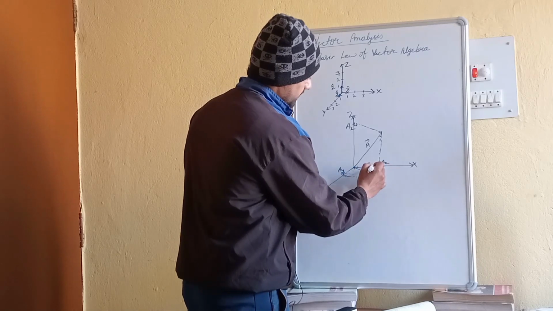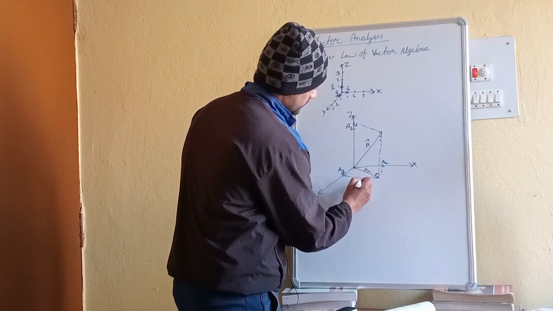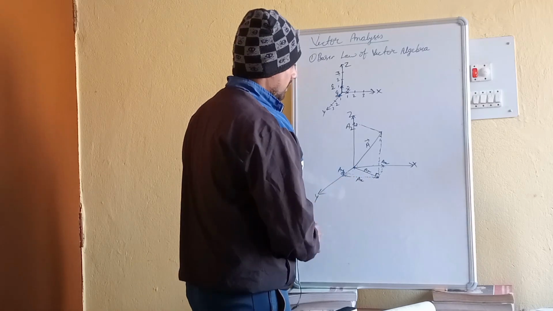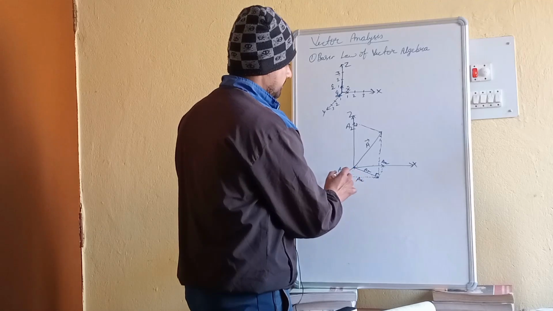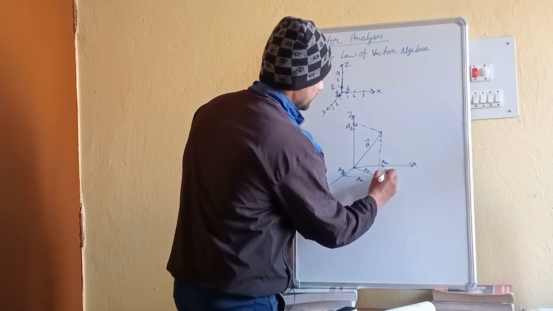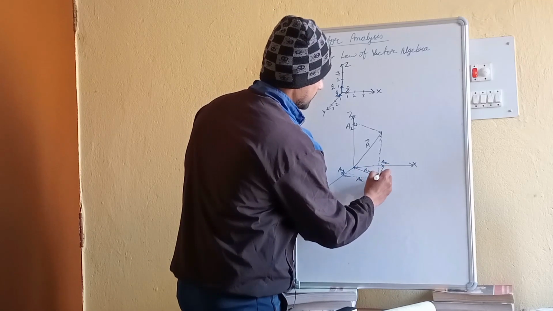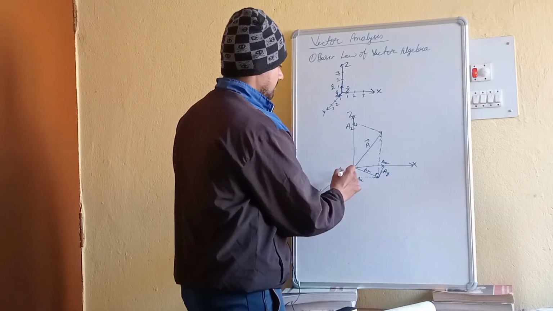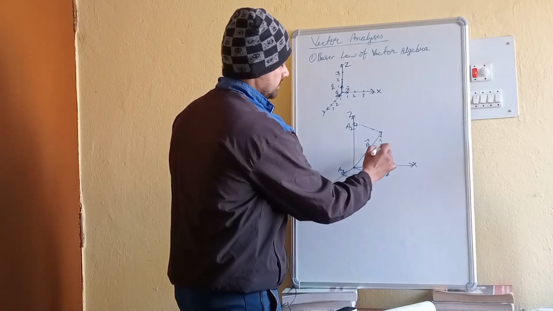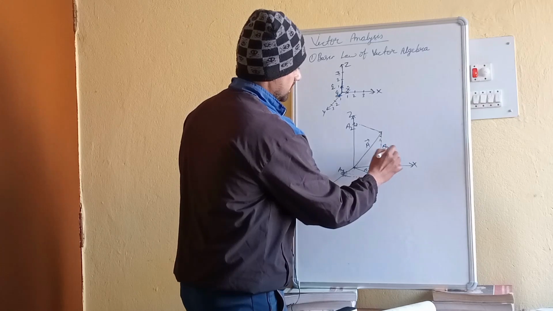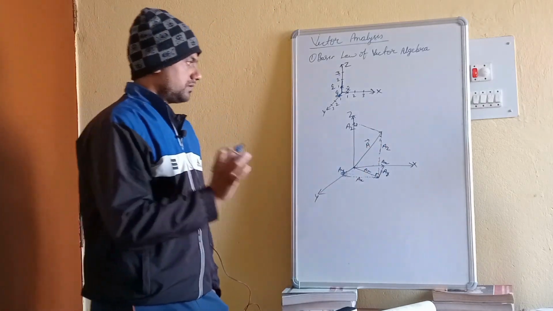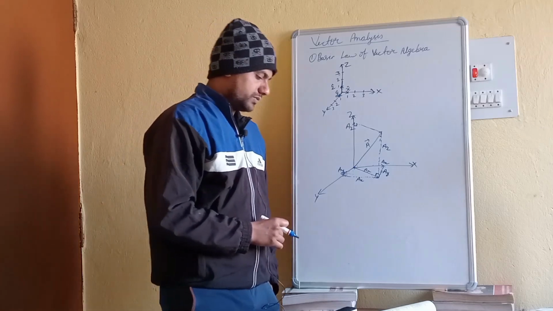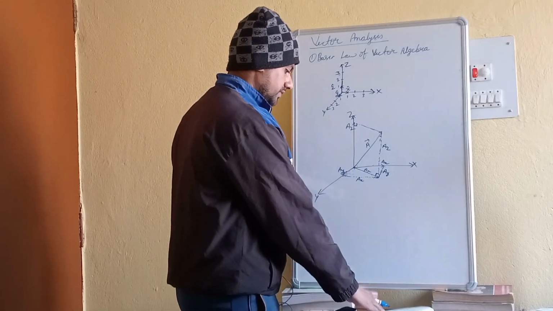So if this one is ax, this one will also be ax, and if this one is ay, this one will also be ay, and if it is az, this one is also az, because these two are parallel and equal in magnitude.